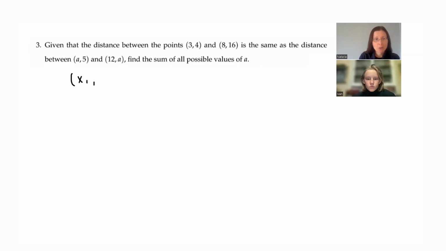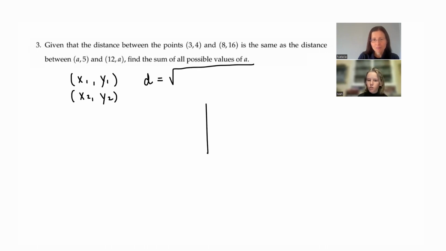Let's say we have 2 points, (x1, y1), and the second point, (x2, y2). What's the formula for the distance between them? Distance is basically also the Pythagorean theorem, because it's kind of like a triangle with legs, and the distance is the hypotenuse.